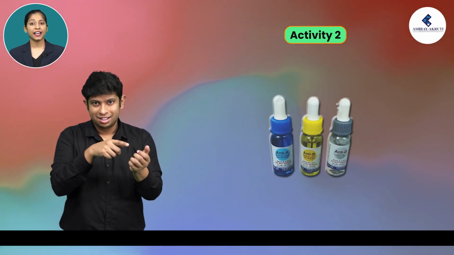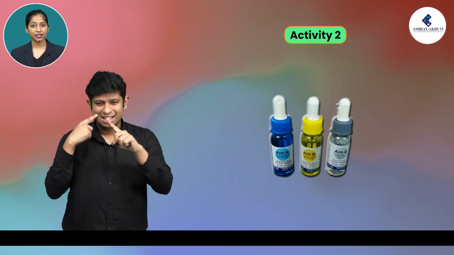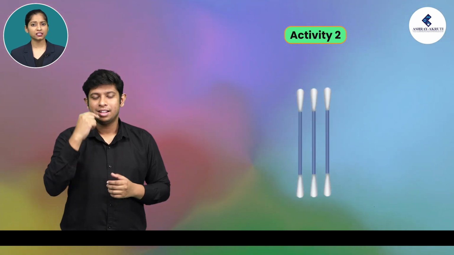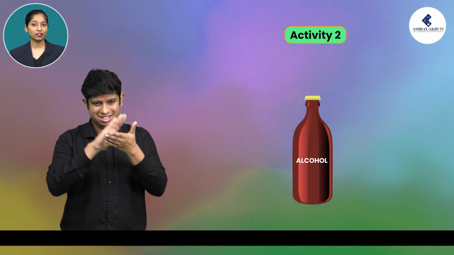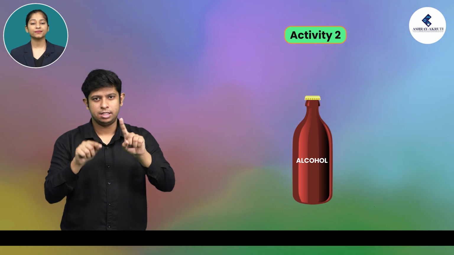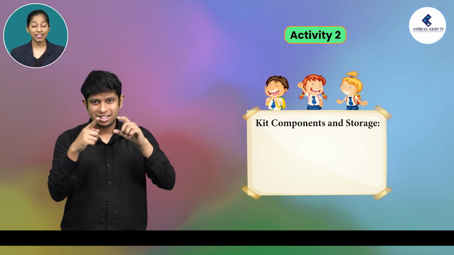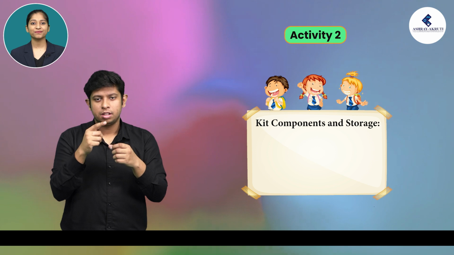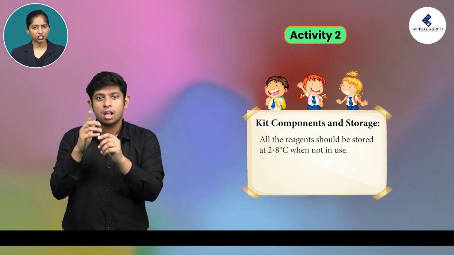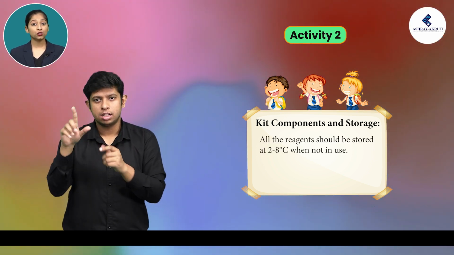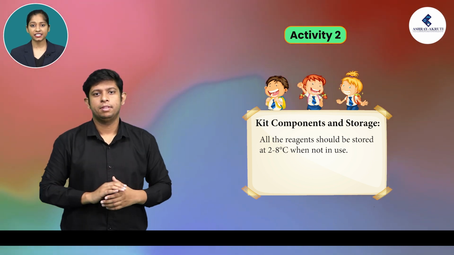Requirements: blood identification kit, glass slide, wax pencil, disposable needle, cotton, toothpicks, 70% alcohol. Kit components and storage. All the reagents should be stored at 2 to 8 degrees centigrade when not in use.